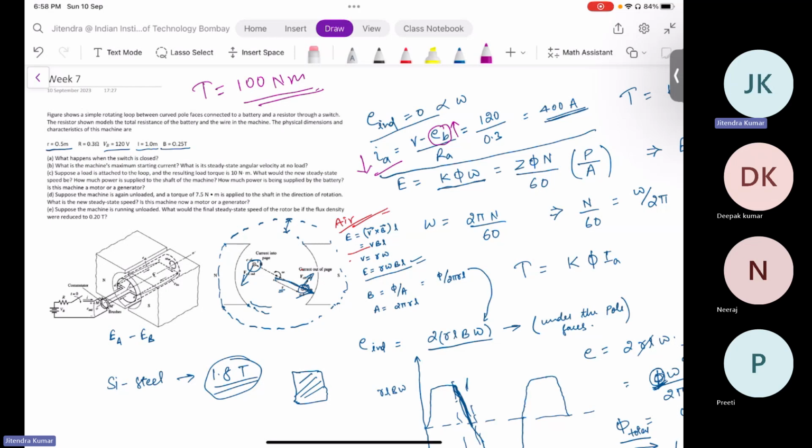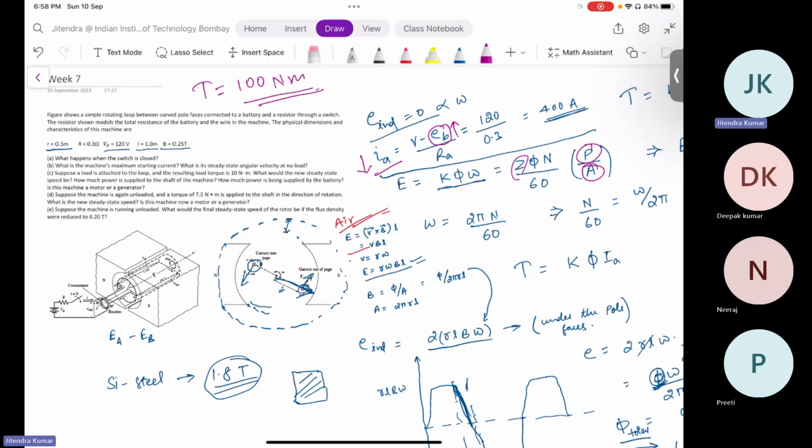Until we are well versed with windings and types of windings, it is very difficult to plug in all the values of parallel paths, number of conductors and poles. That is why these errors are coming. But anyway, we will solve one or two more problems in some next session, so we will be clear with it.